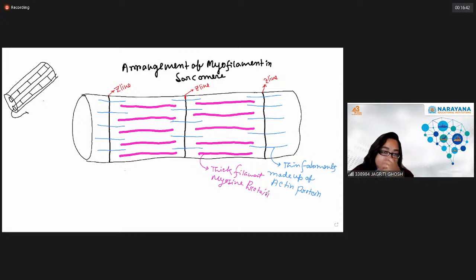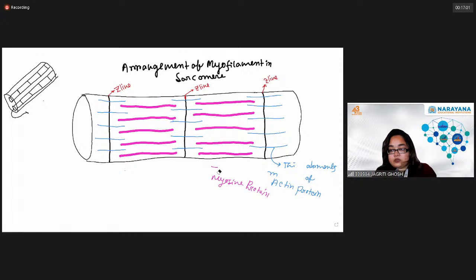Now we will discuss the main portion. Here you have to understand very calmly. I hope you have written down what is thick filament and what is thin filament. So I am erasing this.